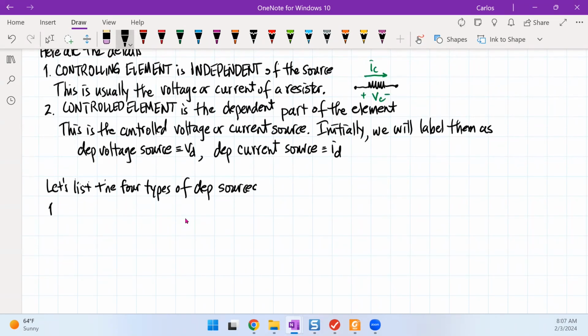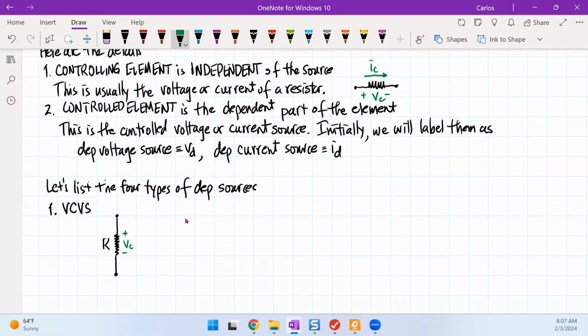So the first one we'll look at is the voltage controlled voltage source. So I have a resistor. And somewhere in the circuit, this resistor is going to have a controlling voltage. That means we got to wire this resistor into the source.